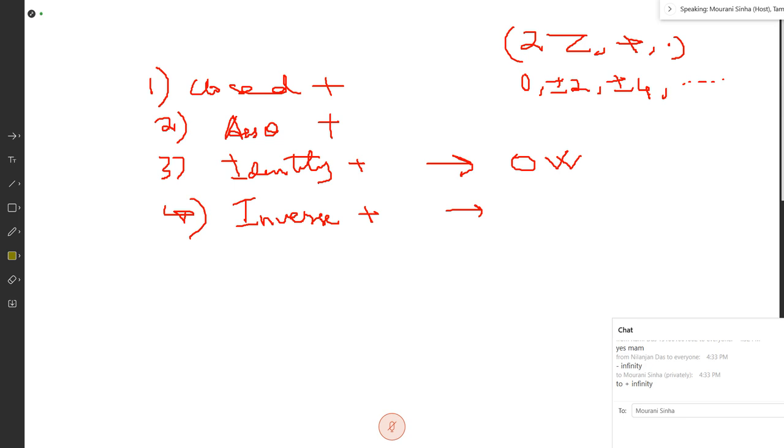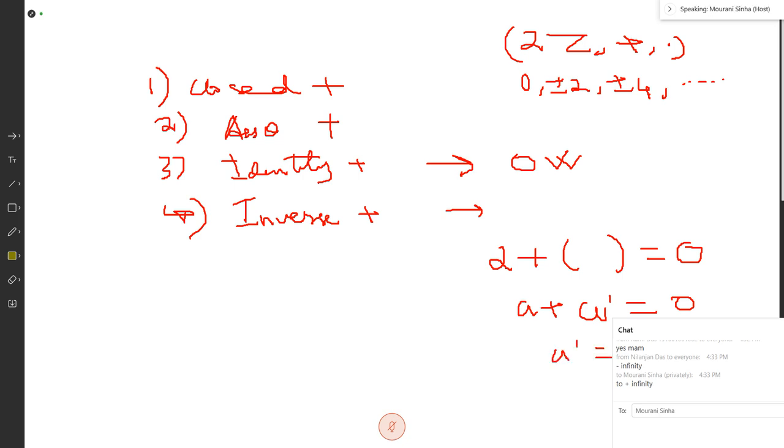Yes, it's actually an inverse property. Take an example: the inverse of 2 is minus 2, and 2 plus minus 2 returns the identity element, 0. So I can say a plus a dash equals the identity, which is 0, so a dash is equal to minus a.